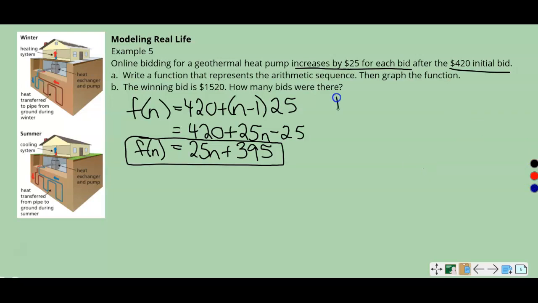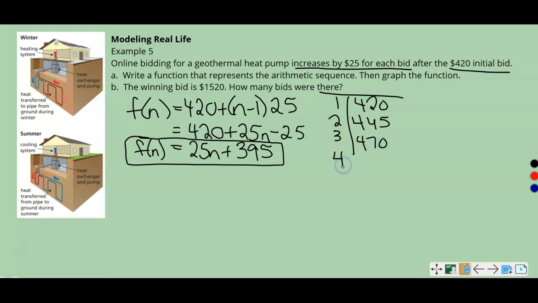So we know the first bid is $420. That's our initial bid. Bid 2 would be increased by $25, so 420 plus $25 is $445. And the third bid would be increased by $25 more, so $445 plus 25 is $470.